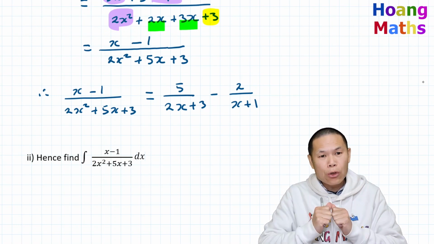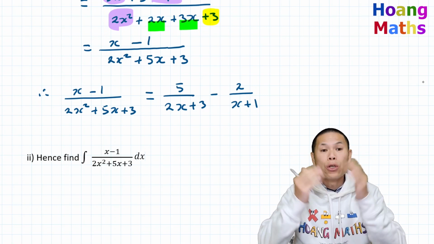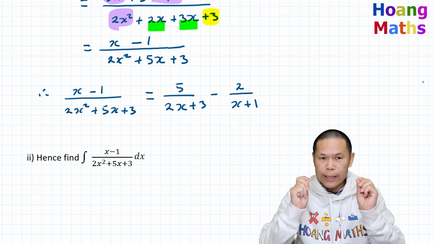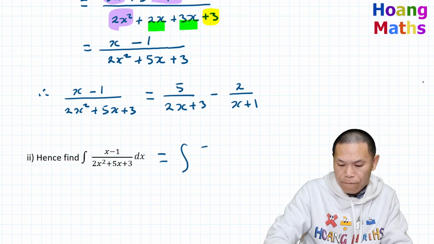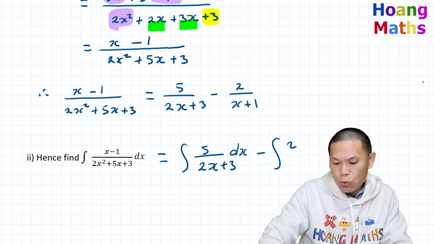Now what we need to do is integrate (x minus 1) over (2x squared plus 5x plus 3). This is exactly the same as integrate 5 over (2x plus 3) dx, minus integrate 2 over (x plus 1) dx.